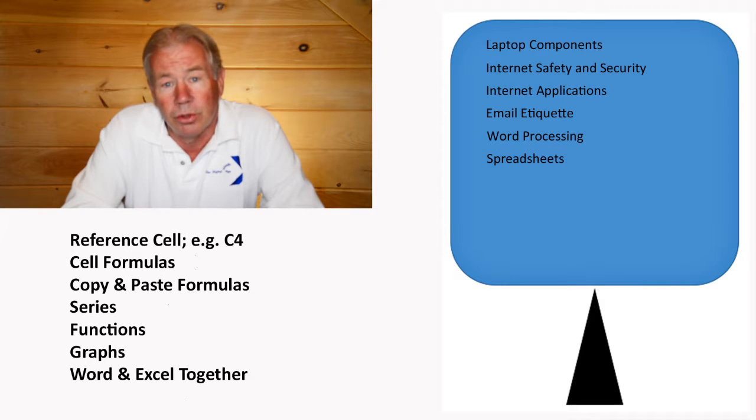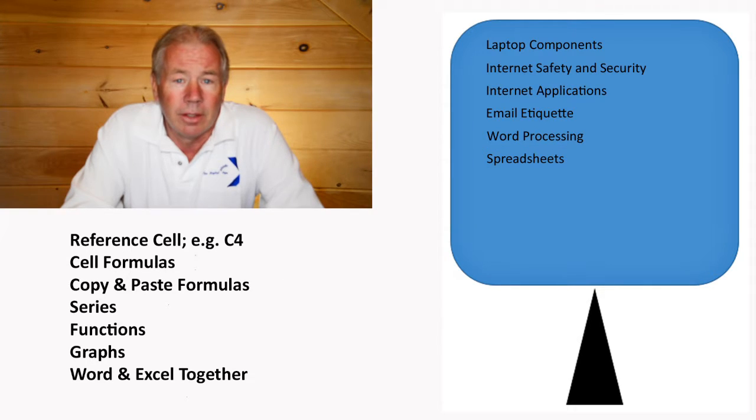Our next section was on Excel, the Microsoft Office spreadsheet technology. We learned how to reference a cell by the column row strategy. For example, C4 being column 3, row 4. We learned how to create a formula in a cell which references other cells.